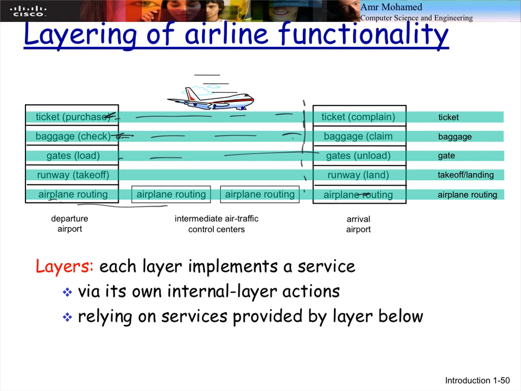Or sometimes they group the data link and the physical layer into what we call the network access layer. So they've grouped some layers together. But in any case, the layered approach itself is very key and very important, and people agree that it's the best way to approach and describe the functionality inside the network.